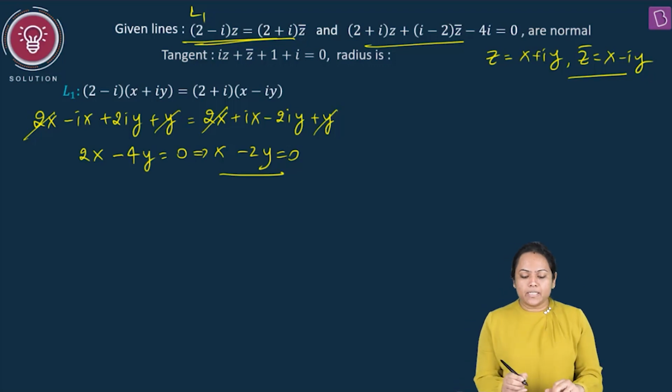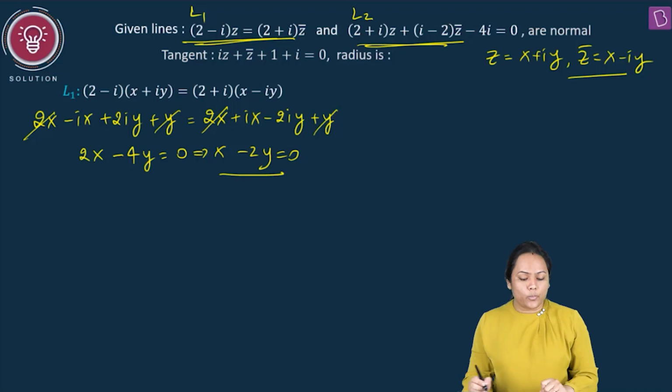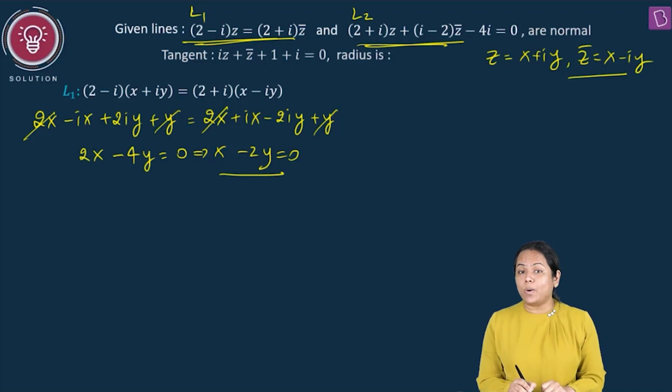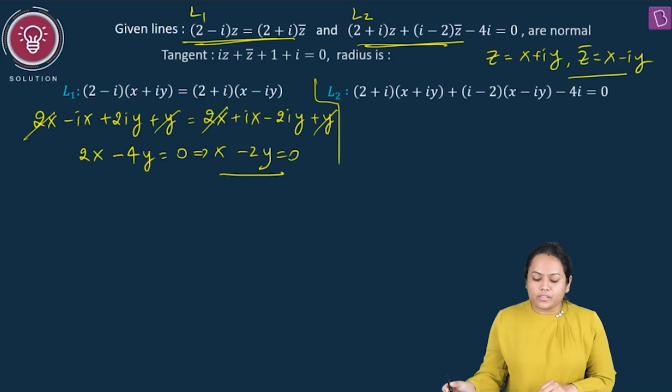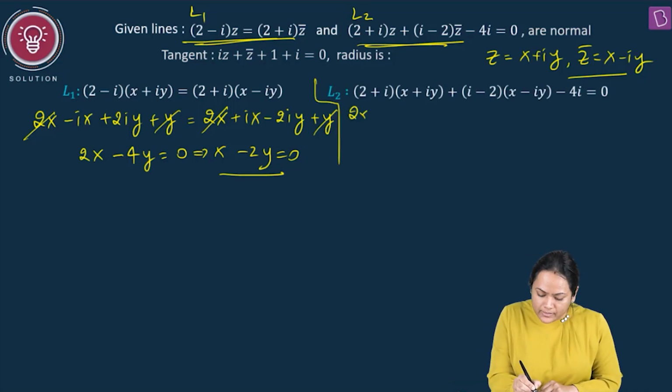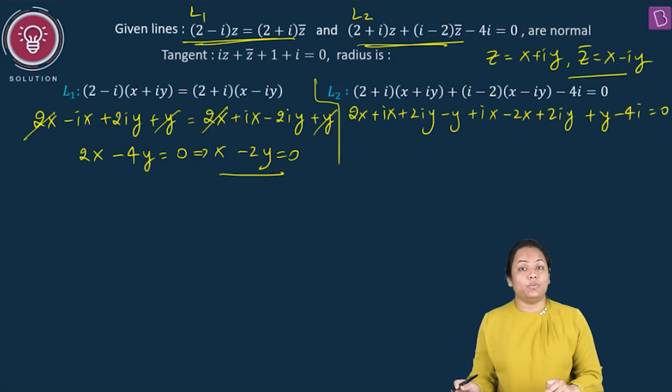Clear? Similarly, in L2, again, when I substitute z as x plus iota y and z bar as x minus iota y, I get this. And now I'll just simplify this part also. So it's going to be, when I multiply, 2x plus iota x plus 2 iota y minus y, and then I'll have plus iota x minus 2x plus 2 iota y plus y minus 4 iota is equal to 0, right?